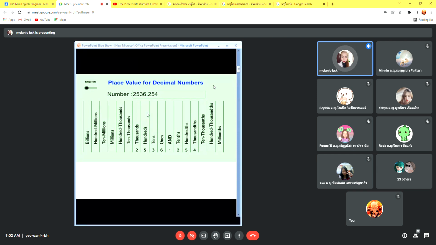Okay, so we have here 2,536, and then the decimal point, and then 254. If you're going to read this one, how are you going to read it, children? For the whole numbers, do not use "and", children, because "and" means the decimal point.